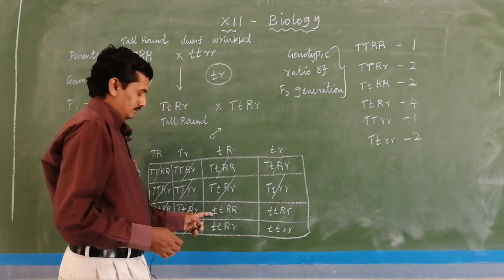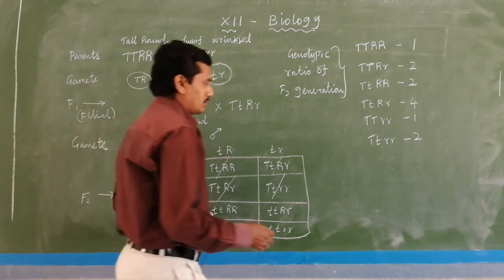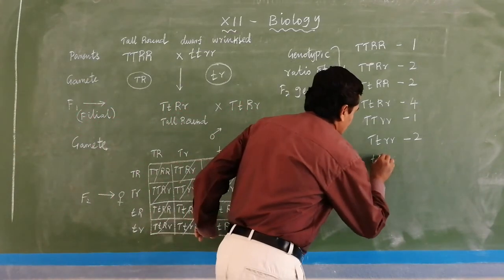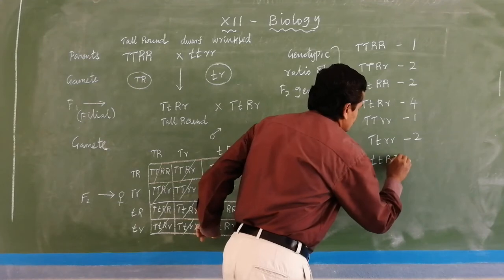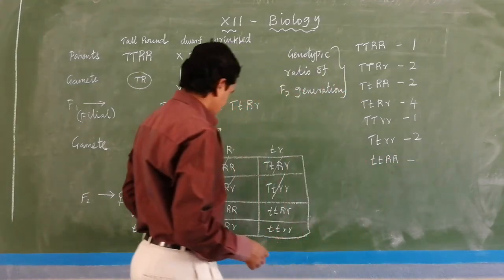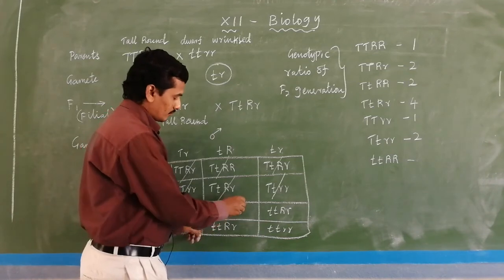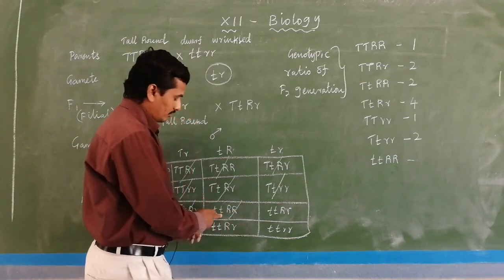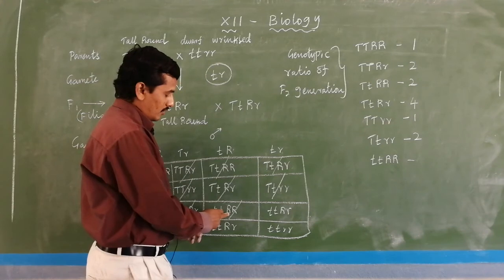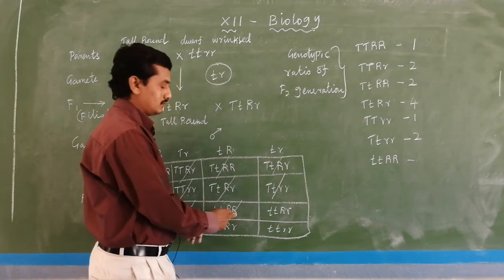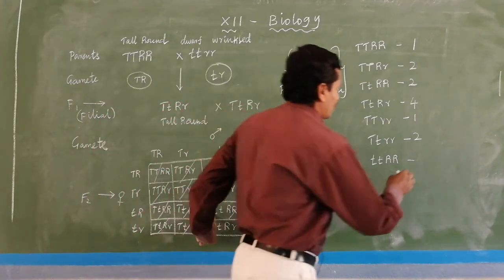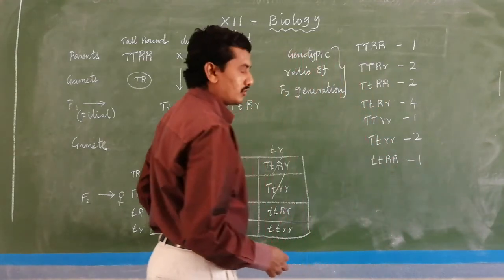Small t, small r. Small t, small r, how many? Only one. This is homozygous dwarf, homozygous round. So, small t, small r, how many? Only one out of 16.